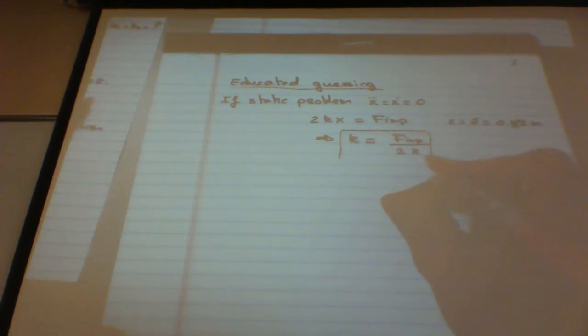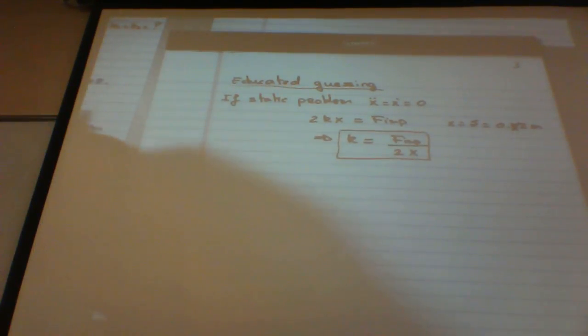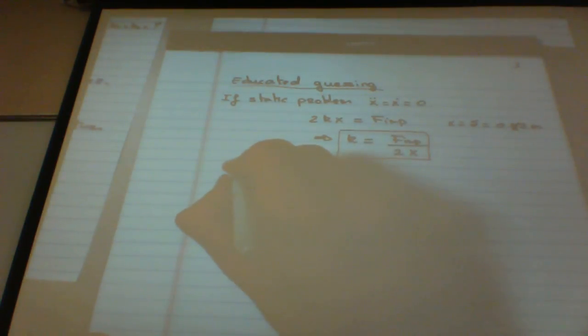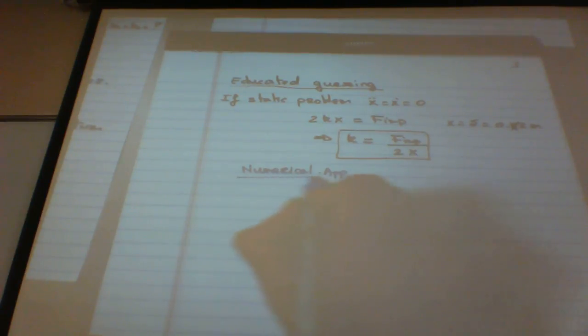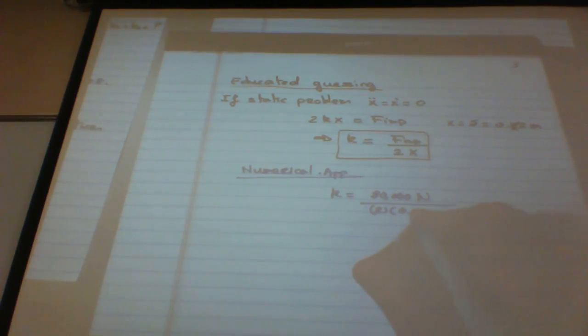So we can take something smaller, and so in that case, the numerical value would be here. What would that give? K equals 80,000 newtons divided by 2 times 0.2.